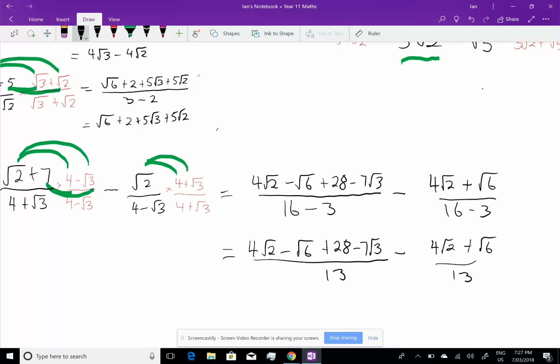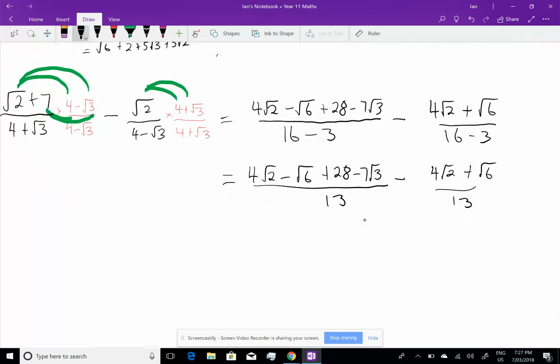Righto. So, what are we going to get here? I've got 4 root 2's. Oh, and I'm minusing root 2. Well, 4 root 2 minus root, oh, that's just going to go. This is the hard bit.